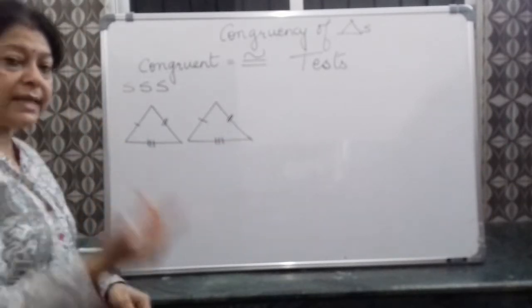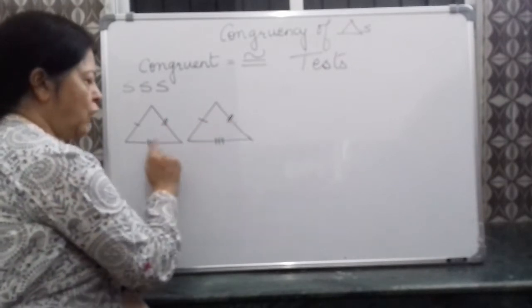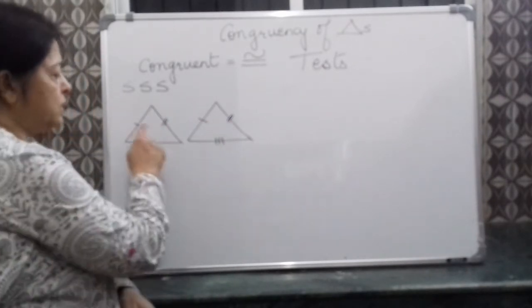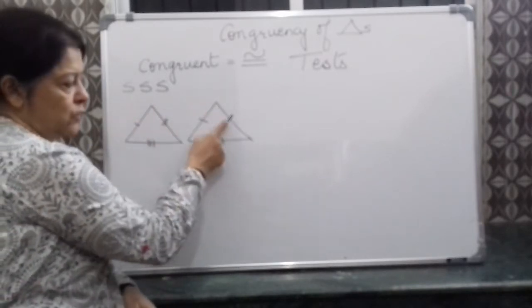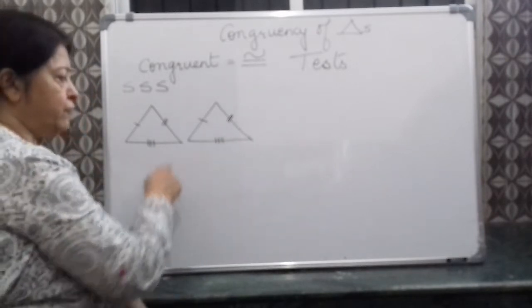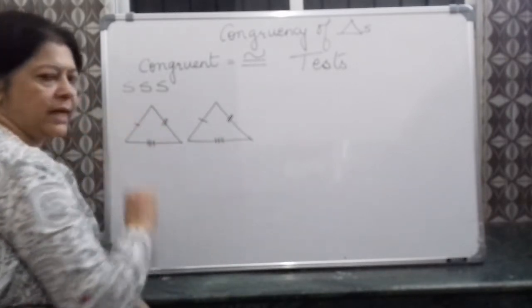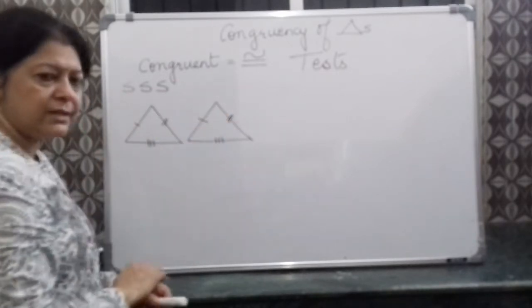Now how can we say equal? By putting the same sign, the same design on them. So this same sign shows that this part is equal to this one, this part is equal to this one, and this part is equal to this one. Therefore, the 3 sides of one triangle are respectively equal to the 3 sides of the other triangle.